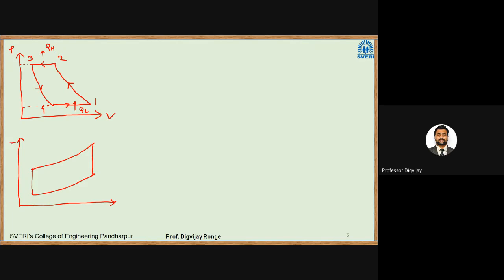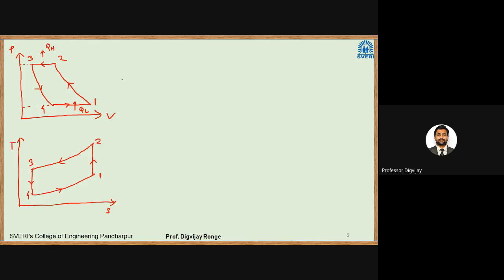This is a temperature versus entropy diagram. So we have 1, 2, 3, 4. Process 1 to 2 is isentropic compression. 2 to 3 is constant pressure heat rejection. 3 to 4 is isentropic expansion. And 4 to 1 is again a constant pressure heat absorption process.